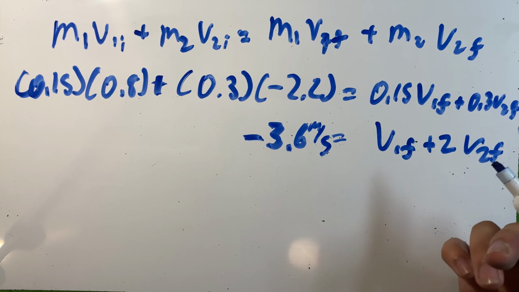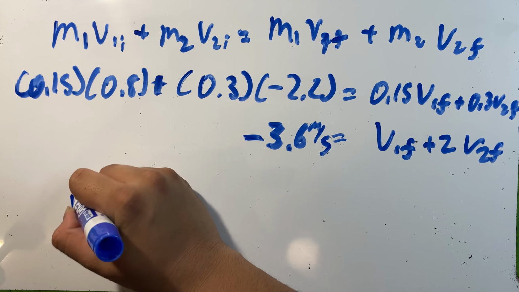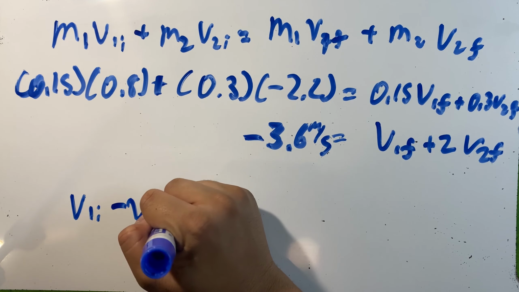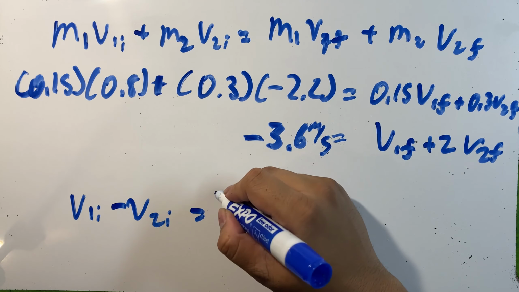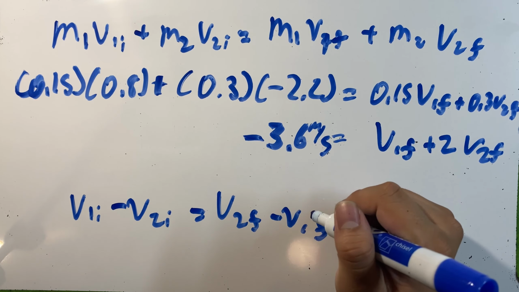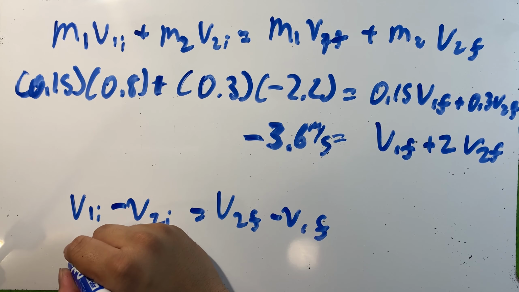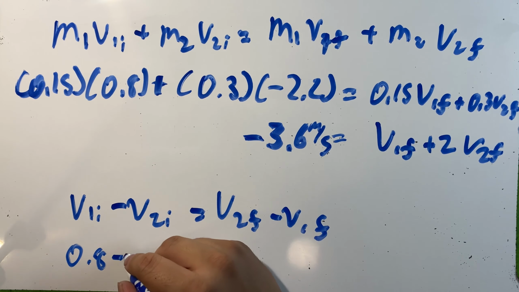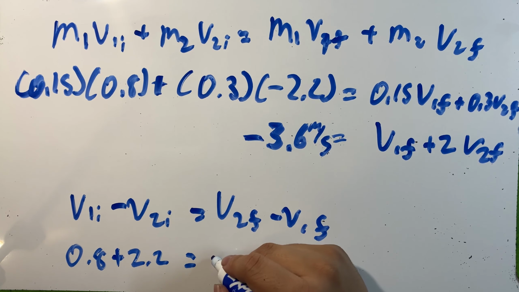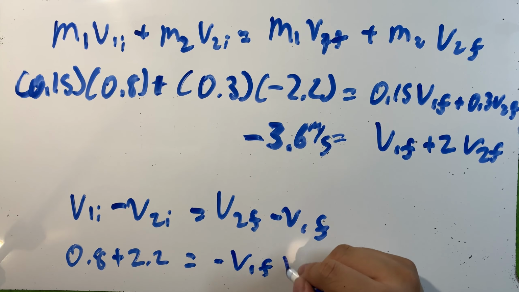We could also use the relative velocity equation. So it's going to be v1i minus v2i, just rearranging the equation we had from earlier, equals v2 final minus v1 final. And then this leaves us with 0.8 plus 2.2, and it's going to be minus v1f plus v2f.